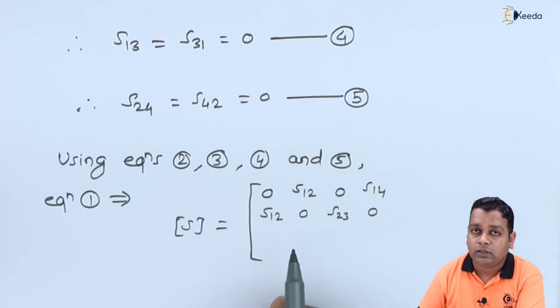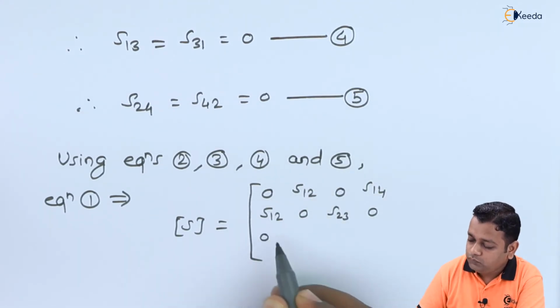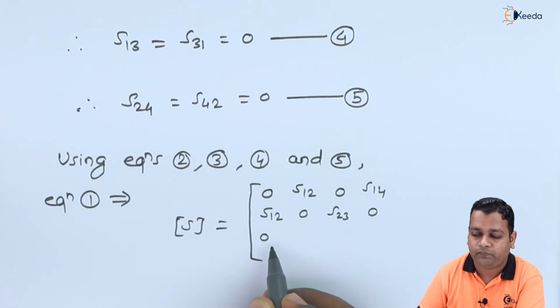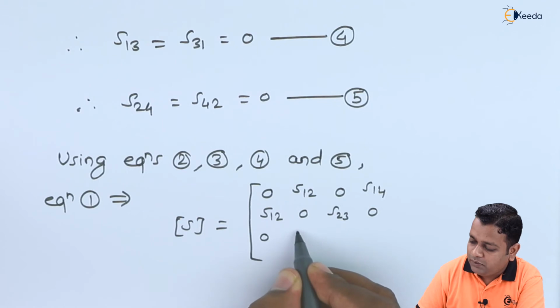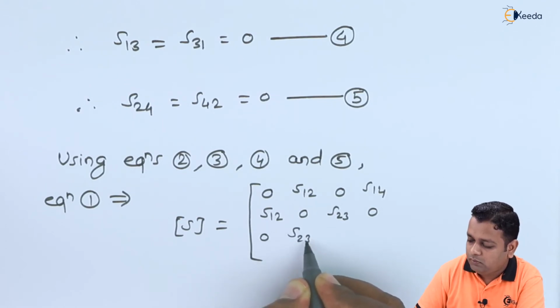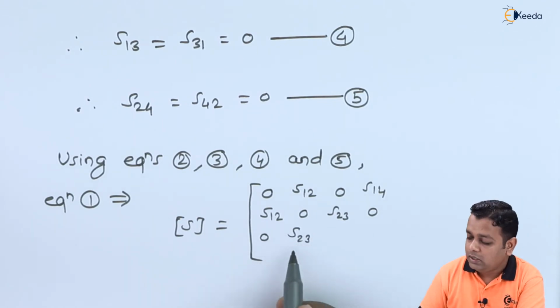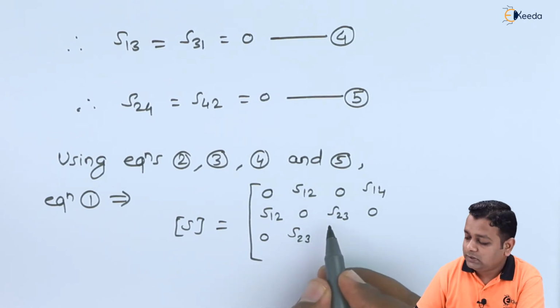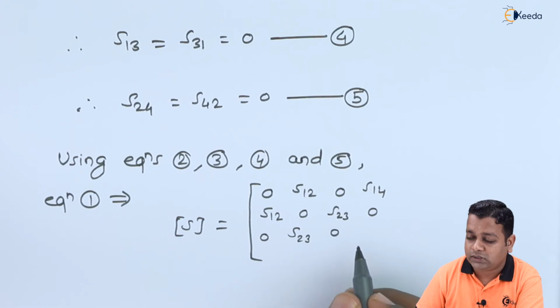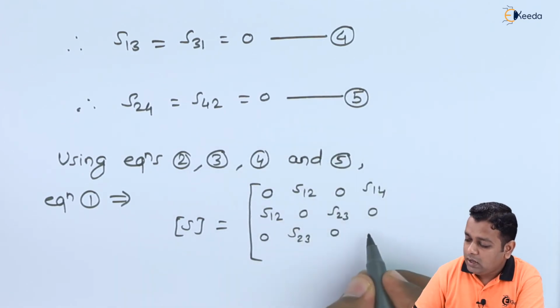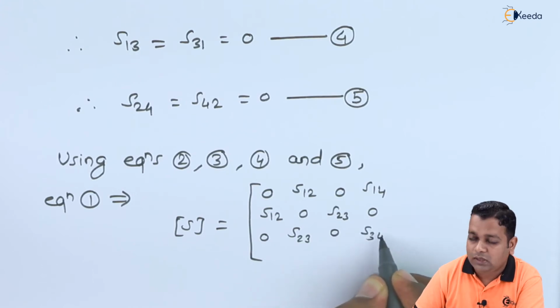In the third row we have S31 equal to 0 due to equation number 4. S32 can be replaced by S23 from the symmetric property. S33 will be equal to 0 due to perfect matching of the junction from the earlier equation, and S34 is the same here.